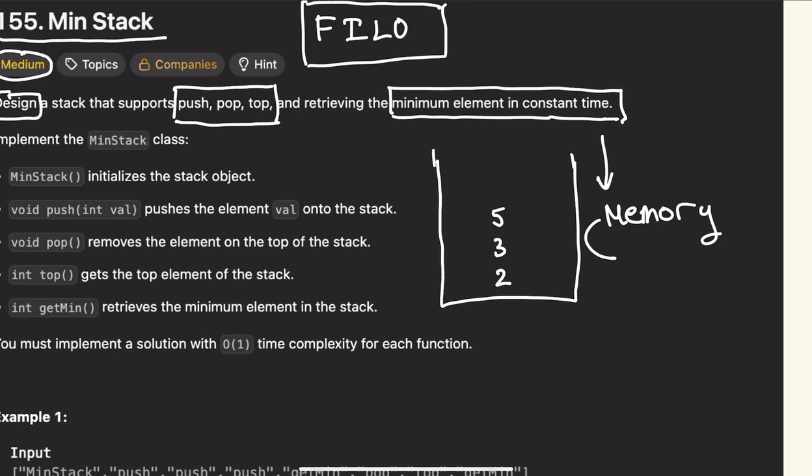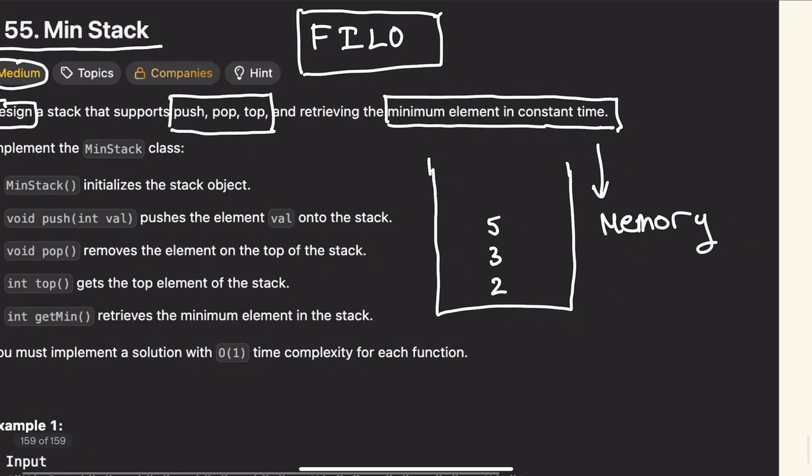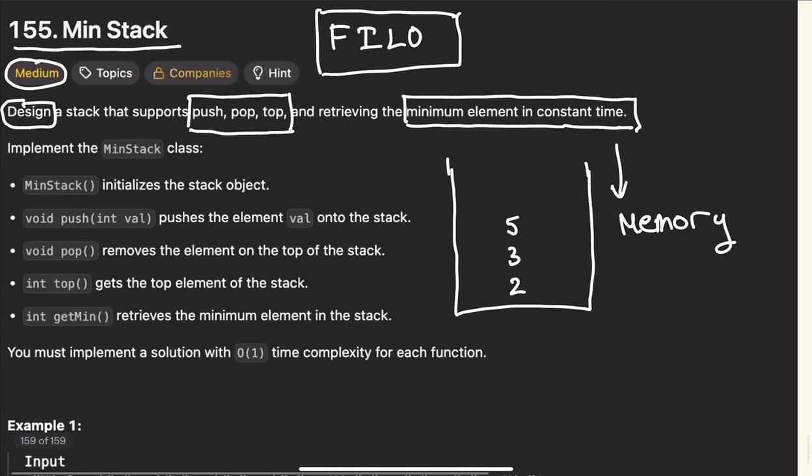So you're going to use memory like a hash map or a vector or something to approach this problem. So that's my intuition. Whenever I see a problem that asks me to implement something in constant time, I immediately think of using memory, and that's how I approach this problem.